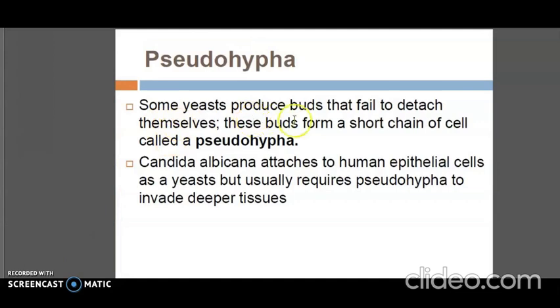Some yeast produce buds that fail to detach themselves, and these buds form a short chain of cells called a pseudohypha. Candida albicans attaches to human epithelial cells as a yeast, but usually requires the pseudohypha to invade into the deeper tissues of the human.